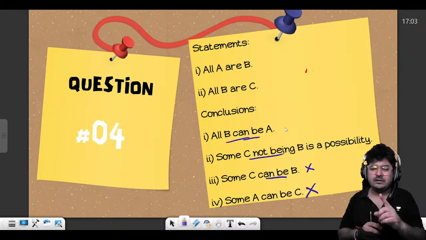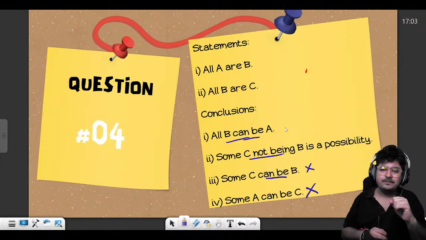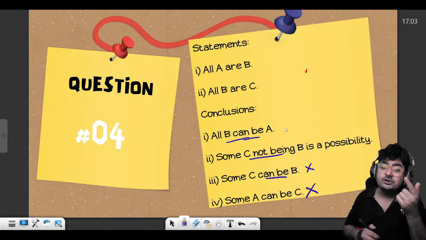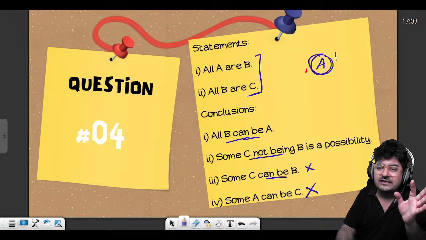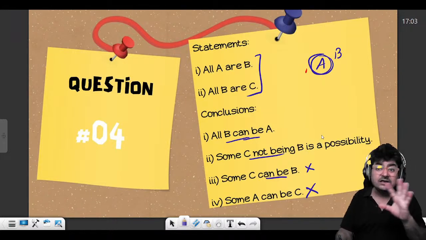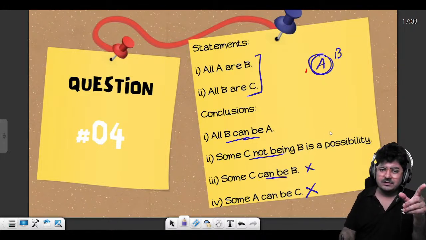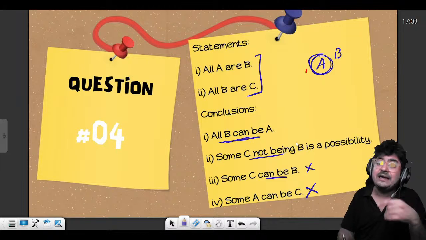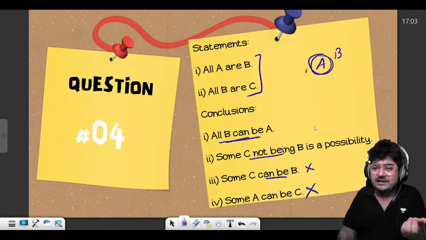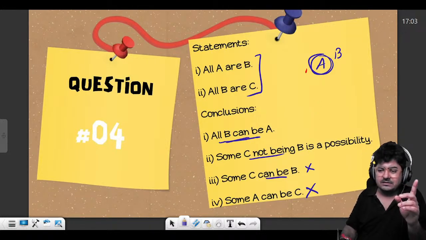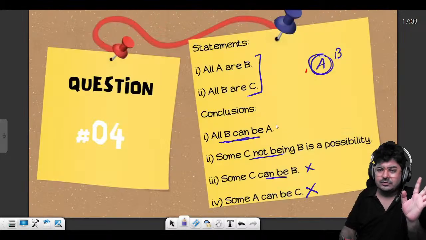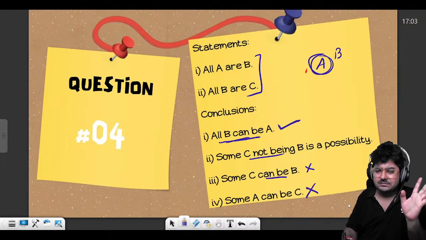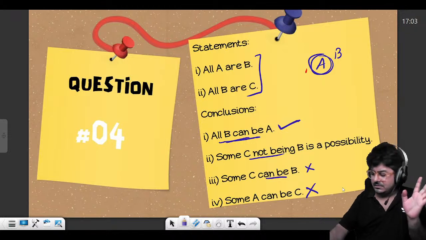All B are A will definitely be wrong, because we are not sure based on the statements. It's not certain that A and B will have coinciding circles. But they said all B can be A, which means a possibility is there. Yes, there is a possibility if B coincides with A. So this is correct. Clear?